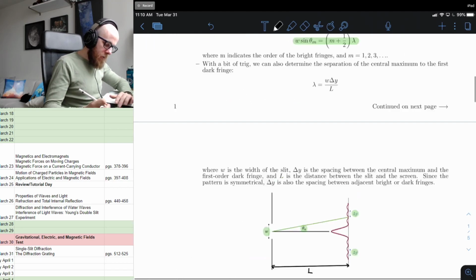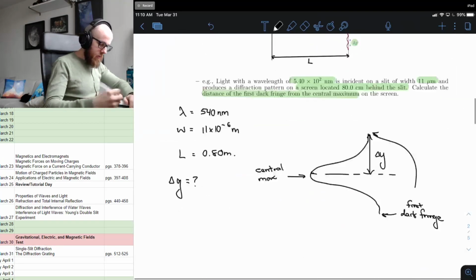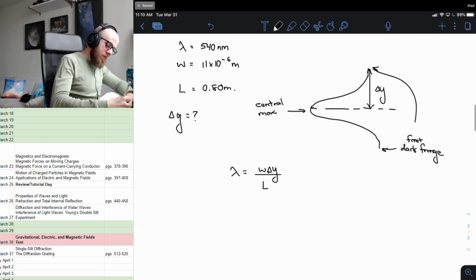For that, we're going to use our lambda equals W delta y over L formula, and I'm going to rearrange this for delta y.